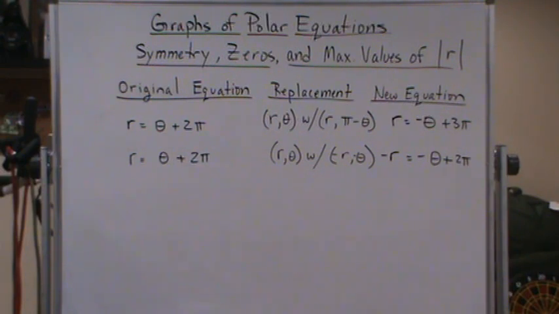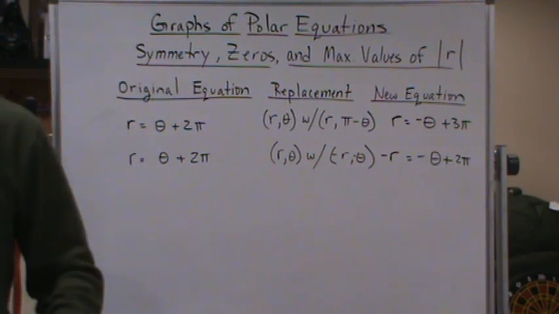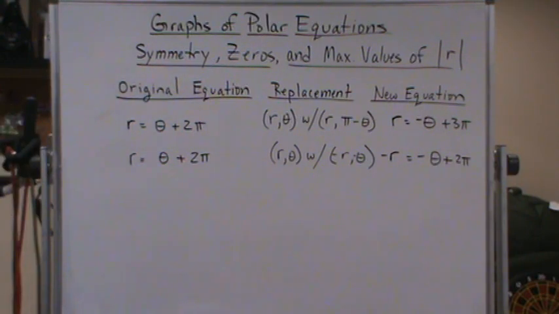And also the equation r equals 3 plus 2 cosine theta that we did in the last example is a function of cosine theta, and its graph is symmetric with respect to the polar axis. Okay, so then this will help us determine quick tests for symmetry by understanding whether it's a function of sine or a function of cosine. And we'll do that next.